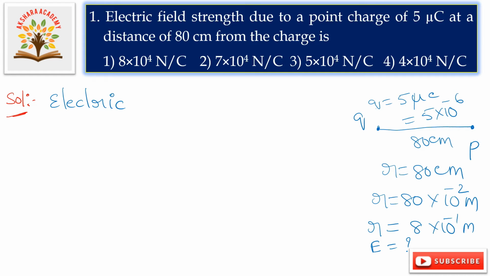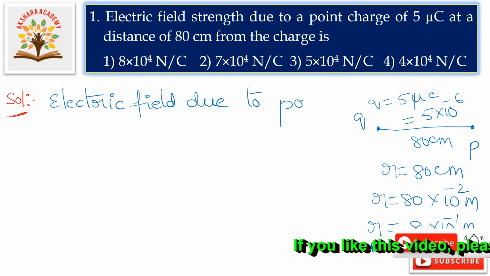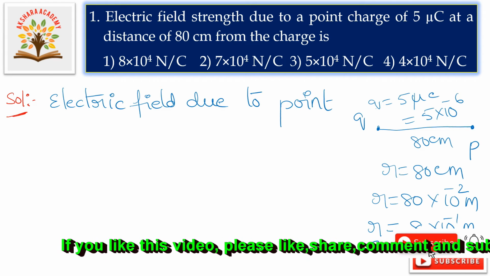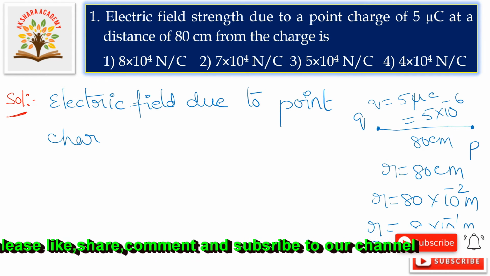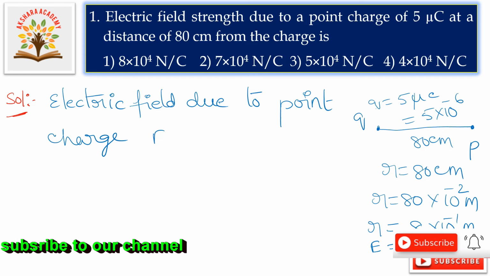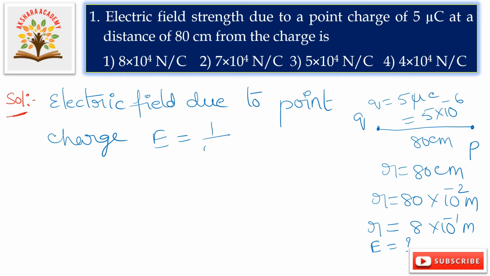Electric field due to point charge, E is equals to 1 by 4 pi epsilon naught Q by R square.